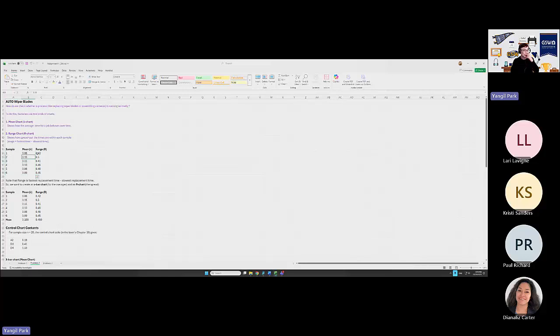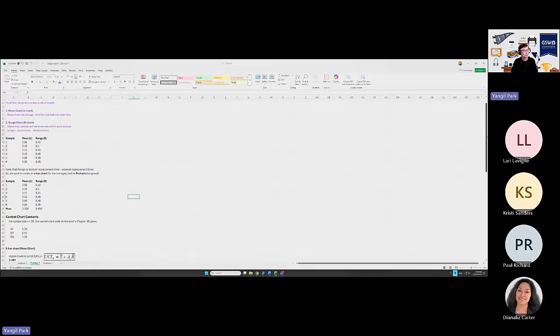Same thing with the range: is the range also within limit? Remember, a range is just maximum minus minimum. Is the range also in the limit? That's what we're going to measure by plugging into the formula.